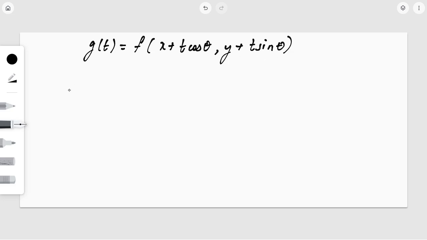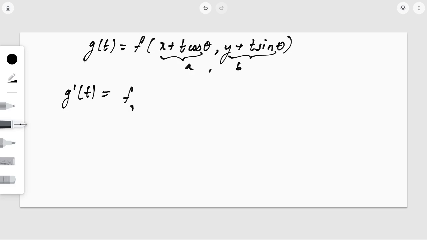So what will be g dash of t? Using the chain rule, it will be the derivative of f with respect to x plus t cos theta, keeping y plus t sin theta as a constant. This is like considering the function in terms of two variables, say f of a comma b, that is f is a function of a and b.